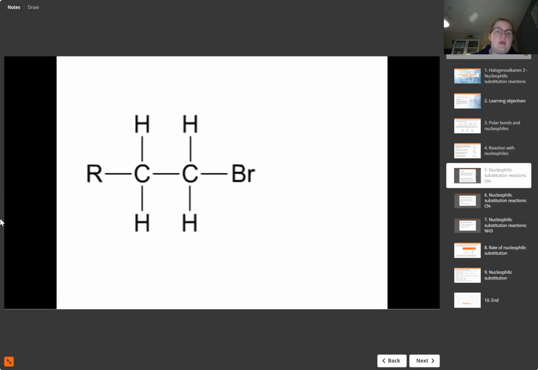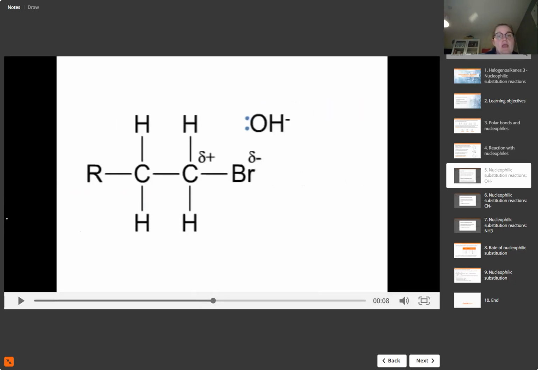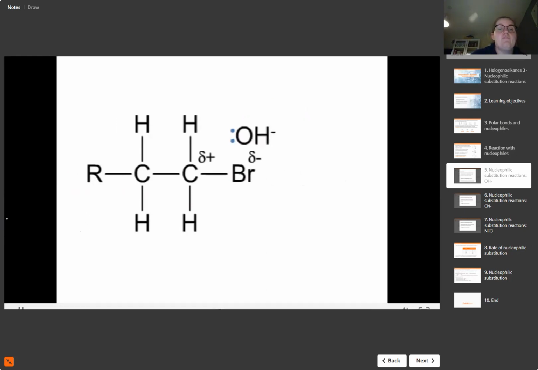So here is our halogenoalkane, and here is our nucleophile, in this situation, hydroxide ion. That hydroxide ion is going to be attracted to that carbon that has the bond between that and the halogen.